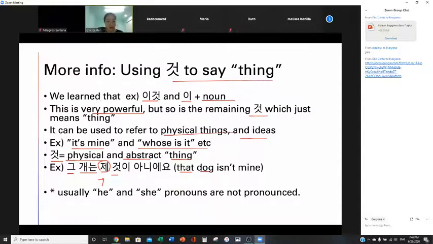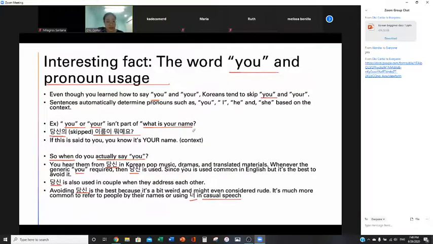That dog is my thing, so it isn't mine. 아니에요, it isn't. Usually "he" and "she" are not used as pronouns, as I said right here.